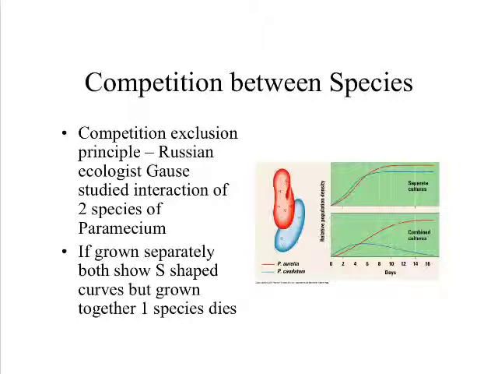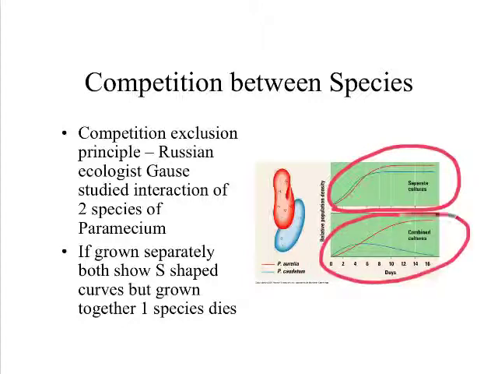But if we grow them together, then we get a very different view. Here's before with our little S curves. If we grow them together, one of them dies. The blue paramecium dies out over time, and this is due to the competition between these 2 paramecium for food and space within the little petri dish.